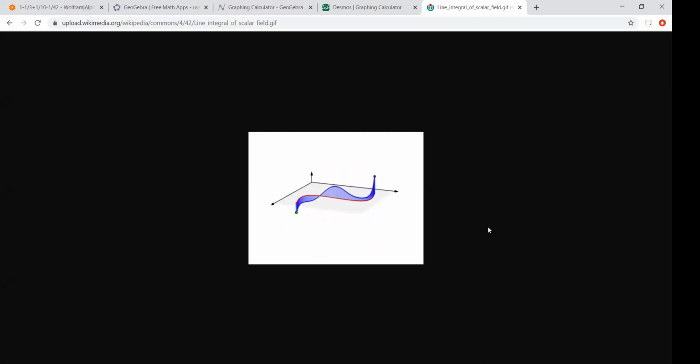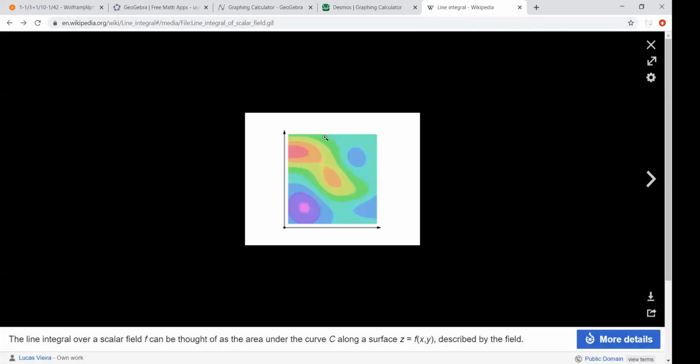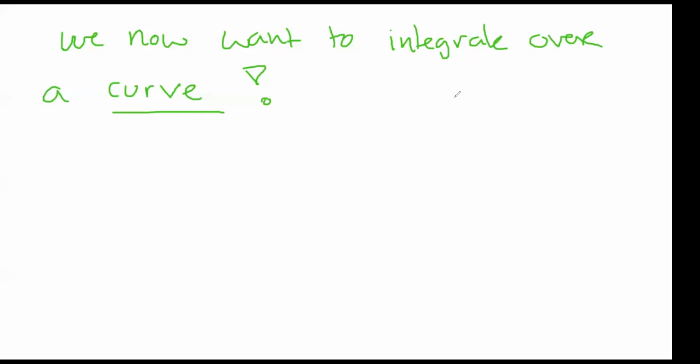And we might want to ask, what is your distance traveled? What was your elevation change? And one of the ways we can do that is through this type of integral.